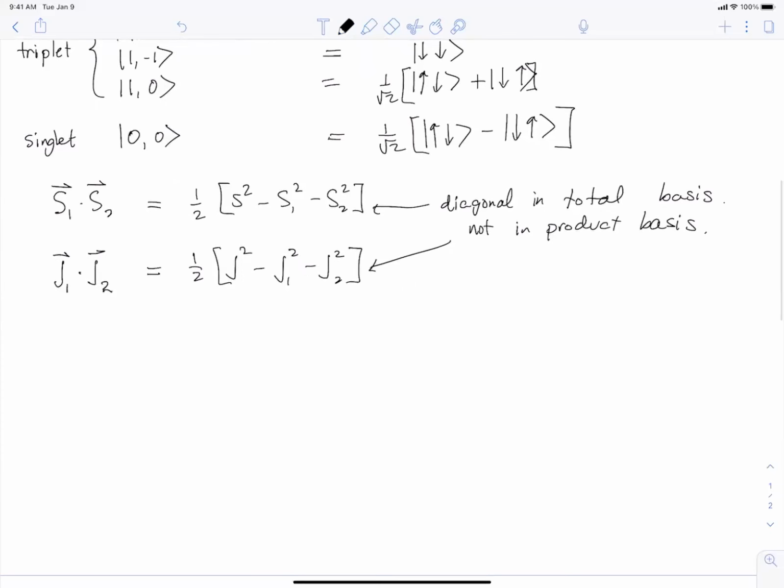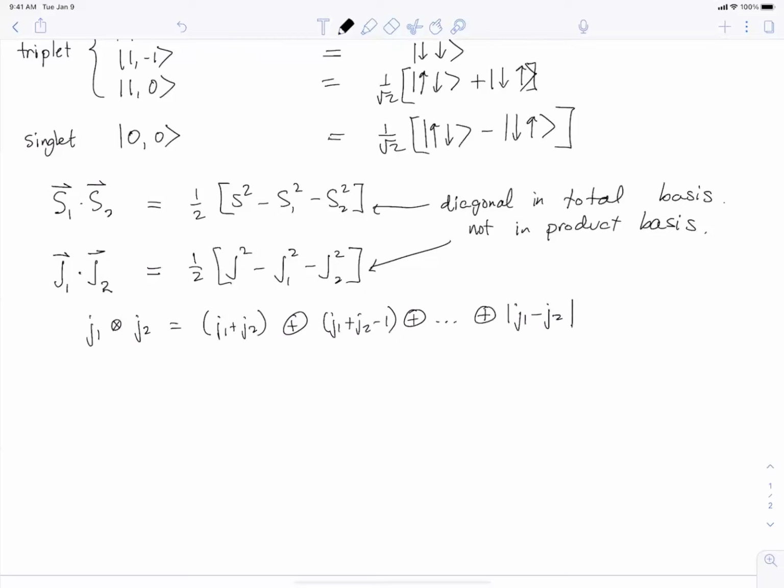And so for general J1 and J2, one writes J1 tensor product J2 is equal to J1 plus J2, or J1 plus J2 minus 1, or every other combination until you get down to the absolute value of J1 minus J2.